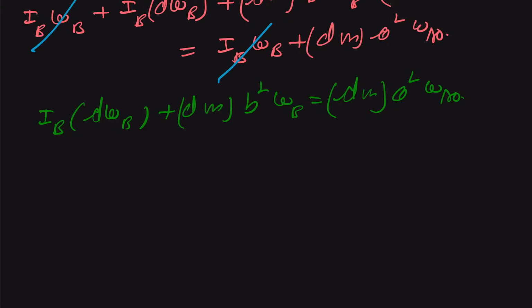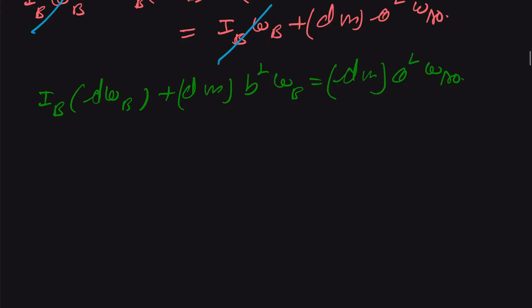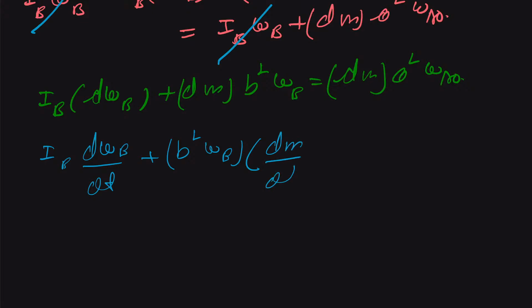Okay, and we also combine our like terms. So we get IB d omega b by dt plus b square omega b dm by dt is equal to a square omega a naught dm by dt.